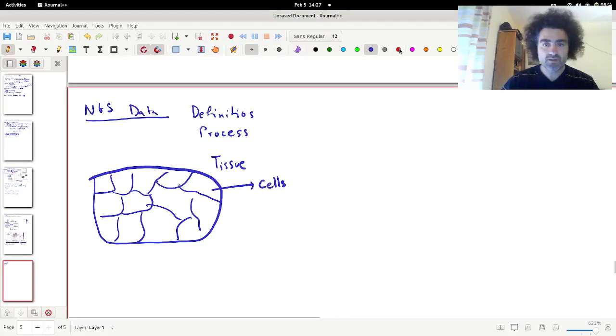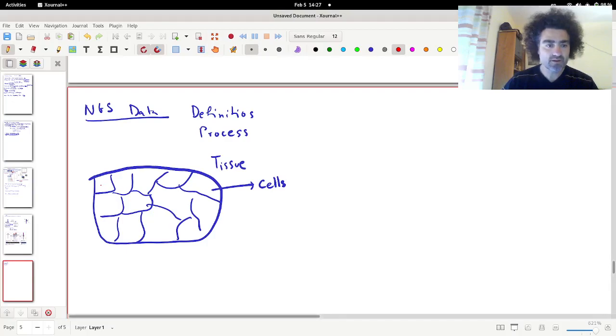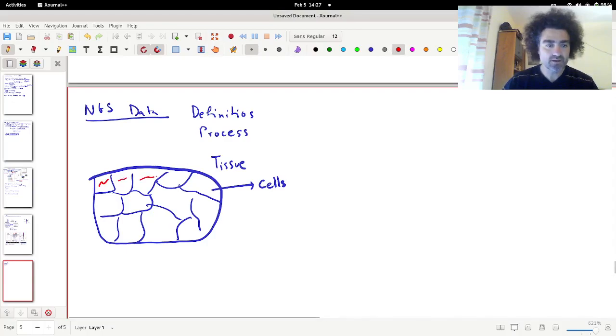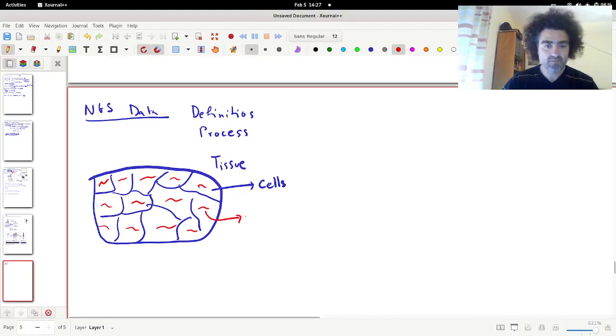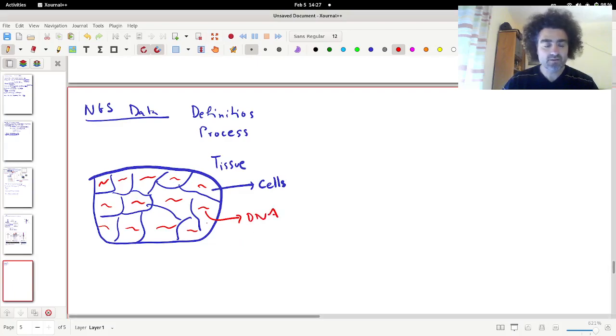And just to make things simpler, every cell has some piece of DNA, which ideally should be exactly the same for all cells, but of course you know that you have some mutations from cell to cell, so it's possible that it's not exactly the same.